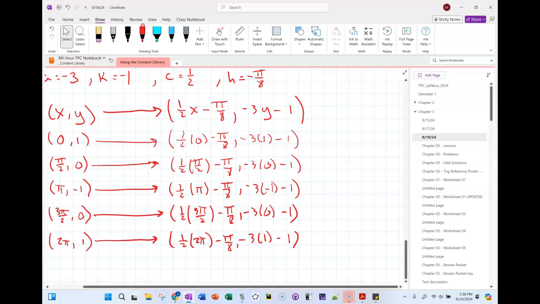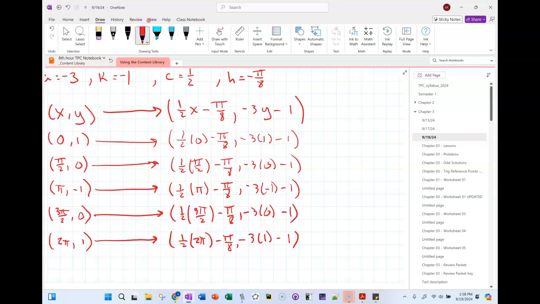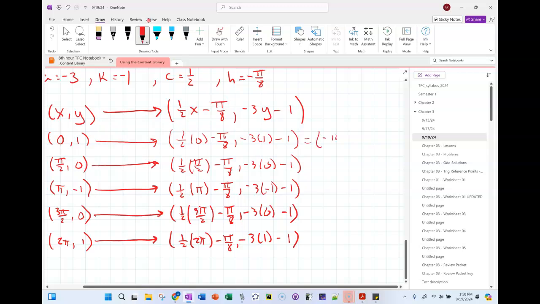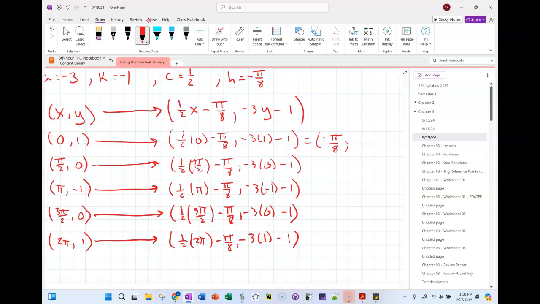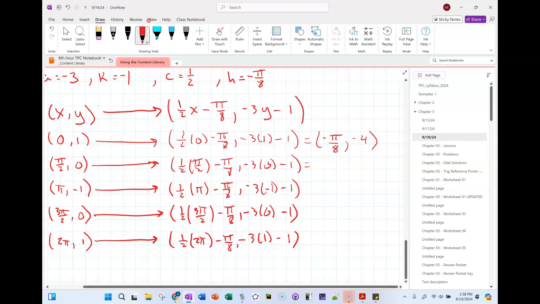So let's look at that first point. What's 1/2 times 0? What's 0 minus pi over 8? Okay, negative pi over 8 is my x coordinate then. What's negative 3 times 1? And negative 3 minus 1 then is negative 4. So that's my first point. So far, so good? Okay. Next one. What's 1/2 times pi over 2?